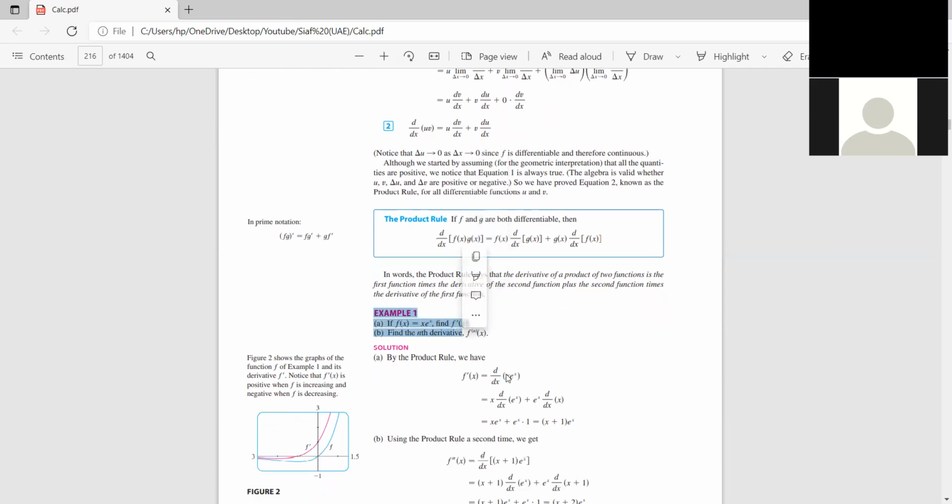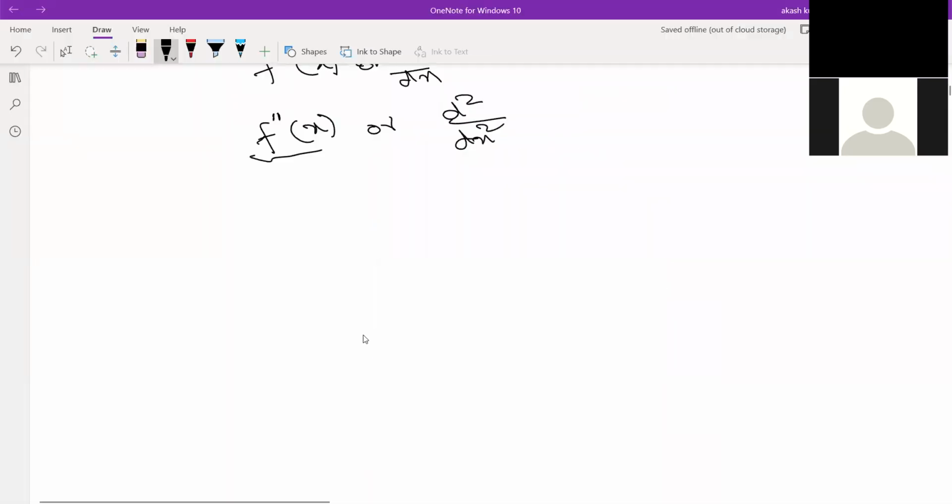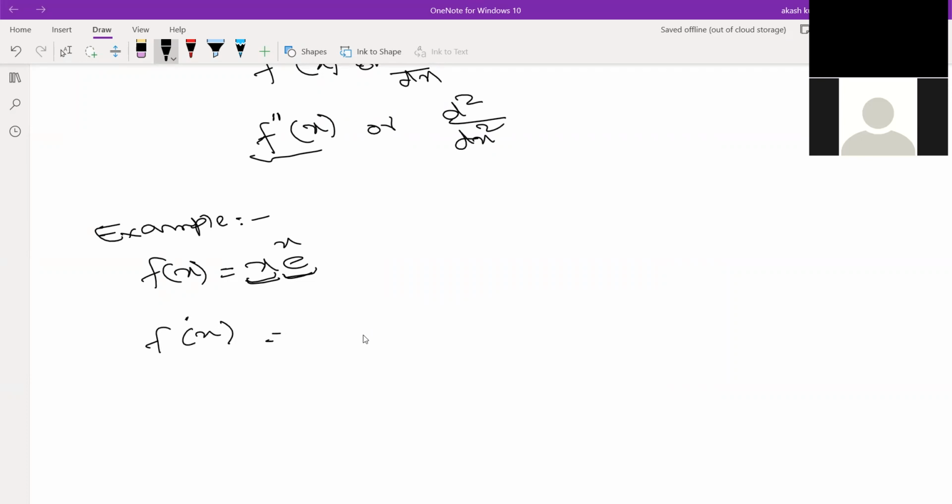Let's do example number 1 on the screen. It was x e^x. The two functions are multiplied. This is the function. This is another function. Because we have the x sign here, we know that there are two functions. If you want to take its derivative, for example, this is f of x, and this is g of x.